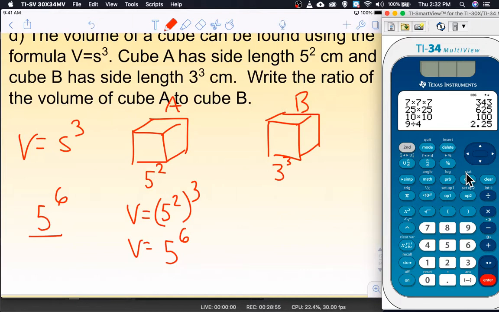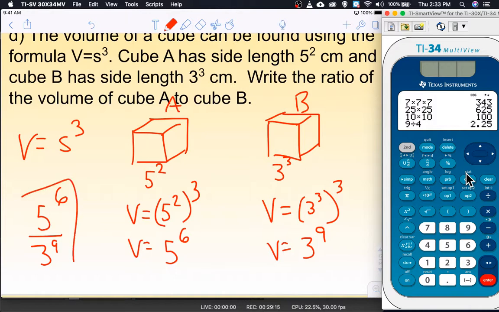For cube B, same thing. The side length 3 cubed, cubed, gives me 3 to the 9th power. Now this answer may be done, but I'm a little curious if this simplifies.